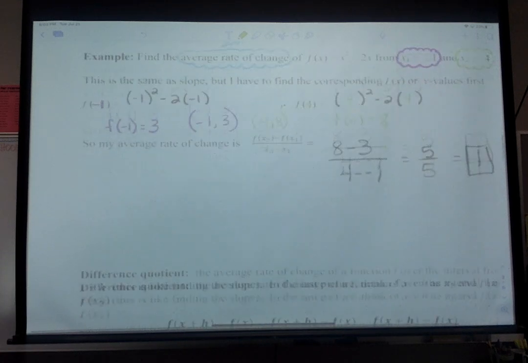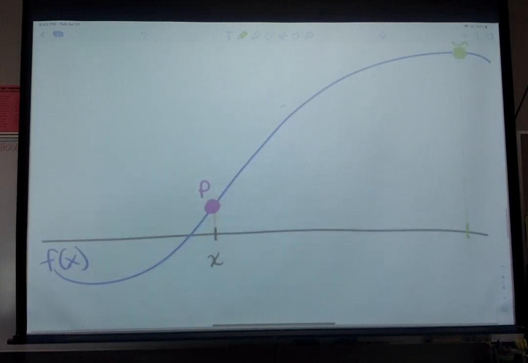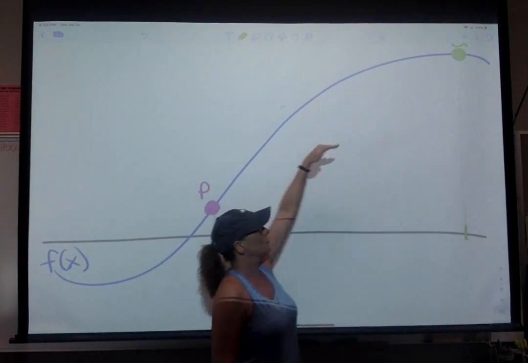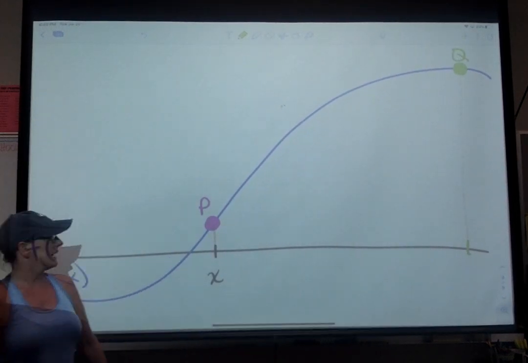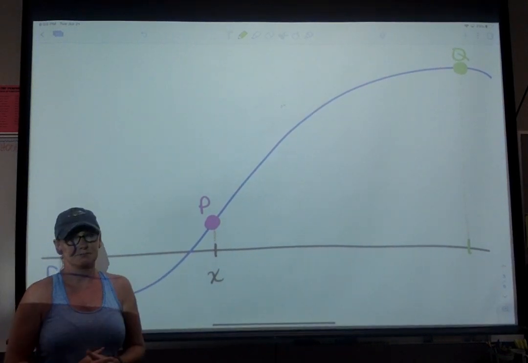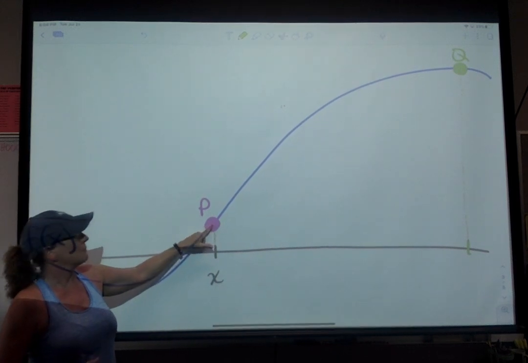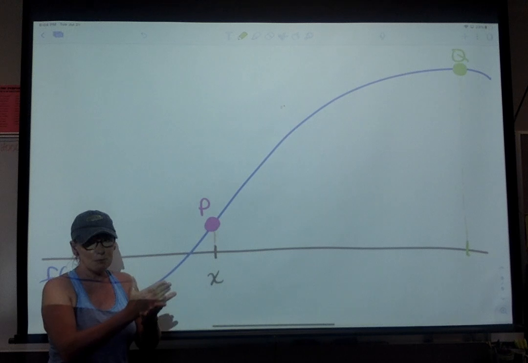So here we go. Skipping, new page. All right, so my graph looks a little different, whatever. Here's what we've got. We have this pretty curvy blue function, okay? And I have pointed out 2 points on the function. I called my pink point P and my green point Q. It doesn't really matter what I named them. There's a pink point and a green point.